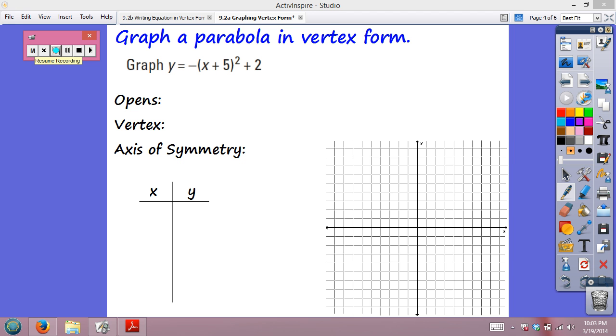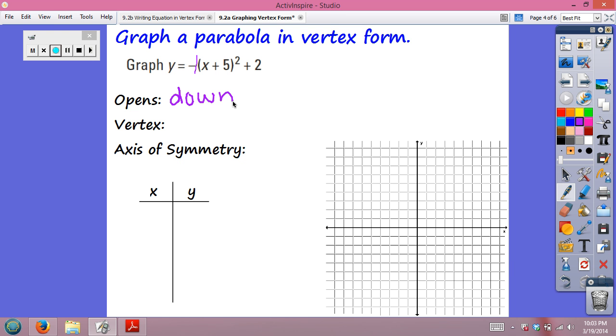So moving along to our next example, we have y equals negative (x plus 5) quantity squared plus 2. Notice that we have a negative 1 for our a value, so we know that our parabola is going to open down.